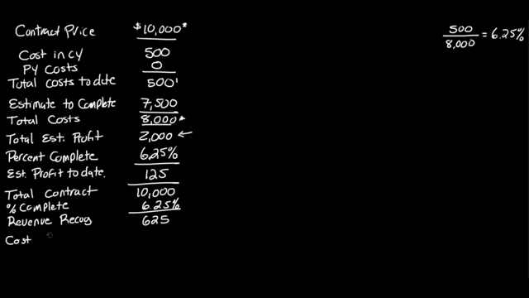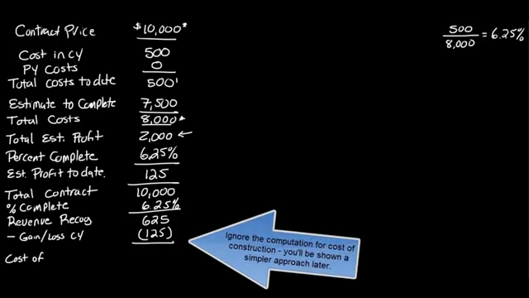Let's take our revenue and subtract out the gain or loss in the current year. That's the 125 we're going to bring down here. We're going to subtract that out. So let's then put in costs of construction, and this is basically like a cost of goods sold number.